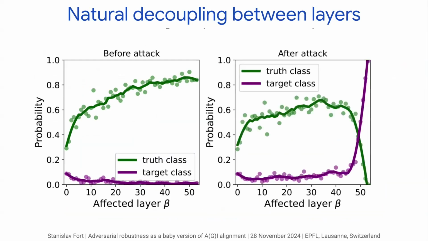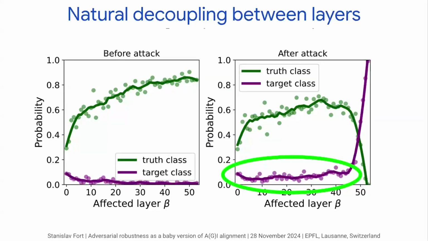For attacked images that are made to look like the purple class, it's ground truth all the way until the very end, where the ground truth class goes to 0, and the target class probability increases drastically. So you see, if you checked in the intermediate layers, it would still answer as the original class. It would only get confused at the very end. But because the readout from the model is only done at the very end, it answers incorrectly. So this is a very interesting phenomenon, right?